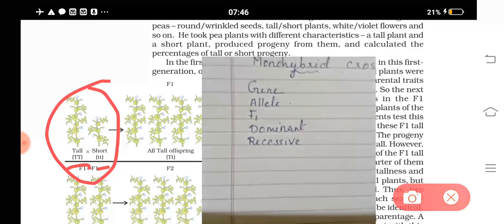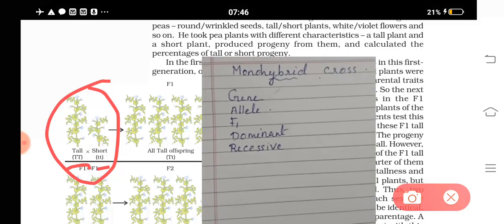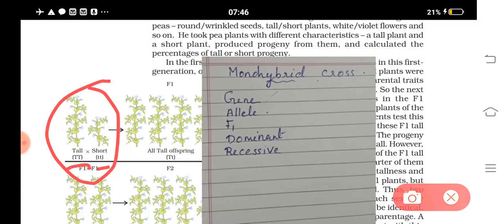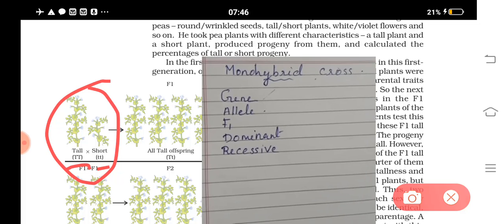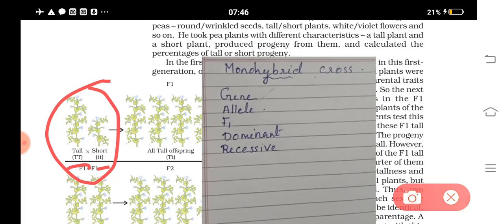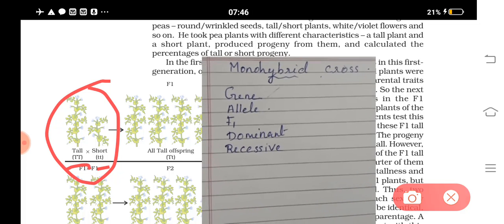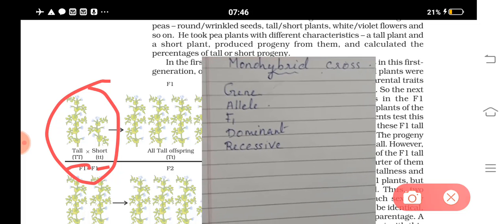Okay, so do you know what a gene is? What do you mean by a gene? You have studied that DNA is there in the nucleus, and along with proteins it forms the chromosomes. So a small part of the DNA is called a gene, which is responsible for controlling one polypeptide chain or one protein.